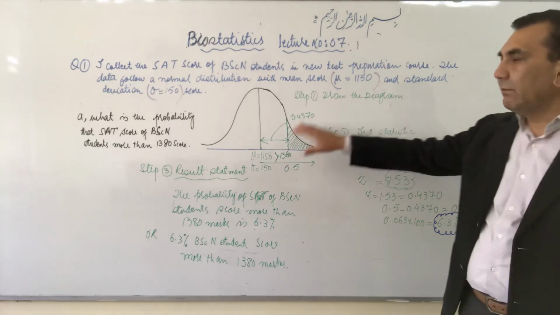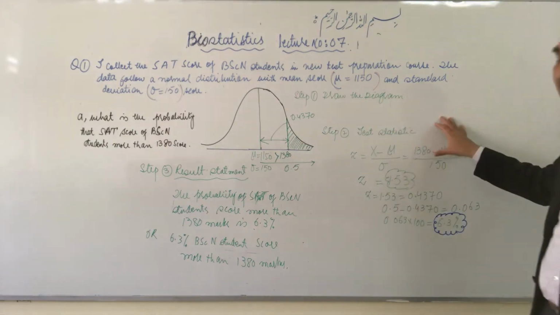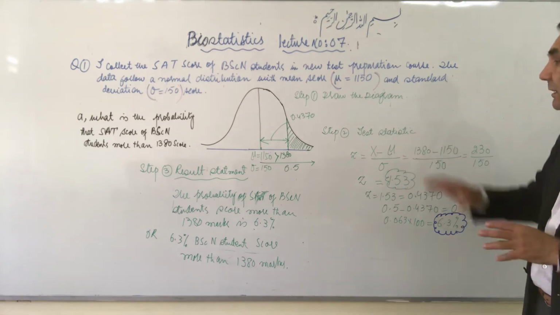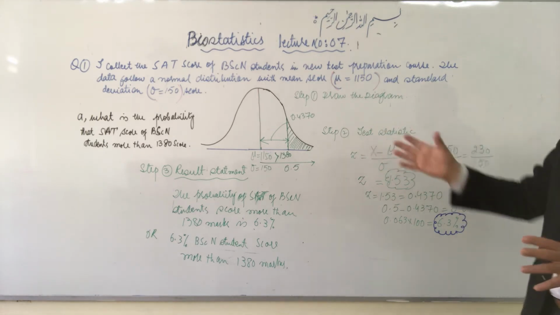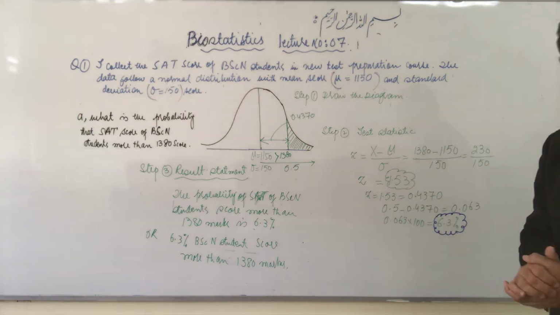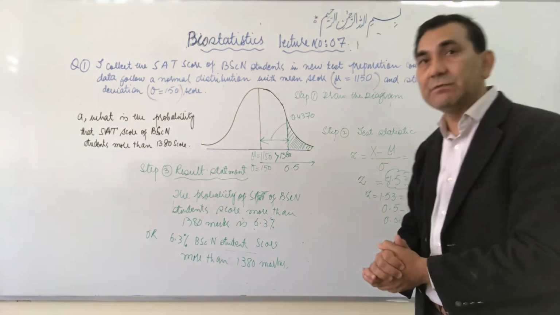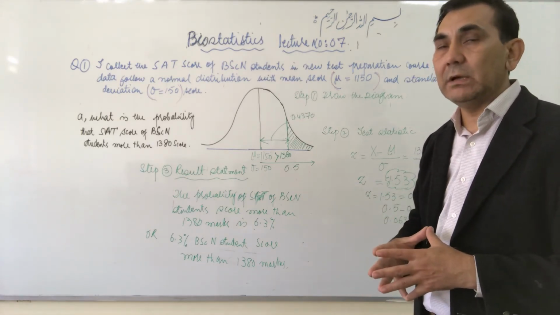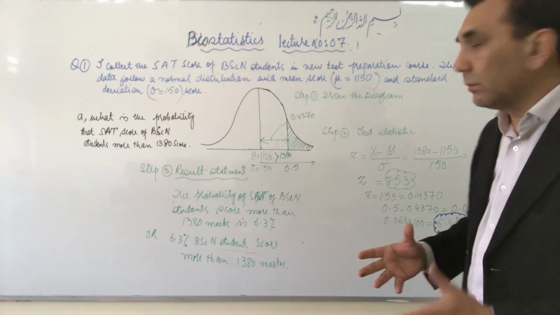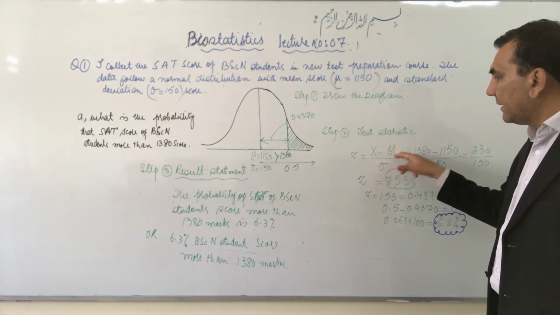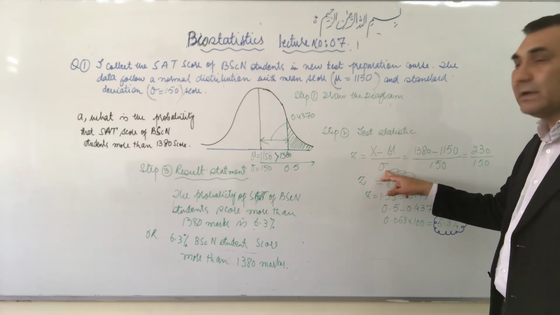In step number 1 we drew the diagram, and in step number 2 we used the test statistic formula. This formula is a little bit different from the previous lectures in which we found the probability area under the normal curve. Here we use x minus mu divided by sigma.